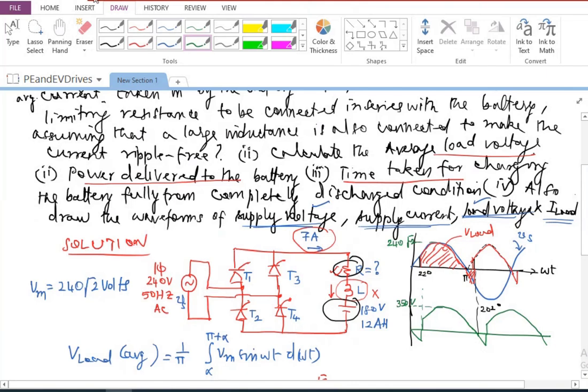So you can say roughly our battery voltage will be half of this. So maybe battery voltage will be somewhere here. This will be the battery voltage.